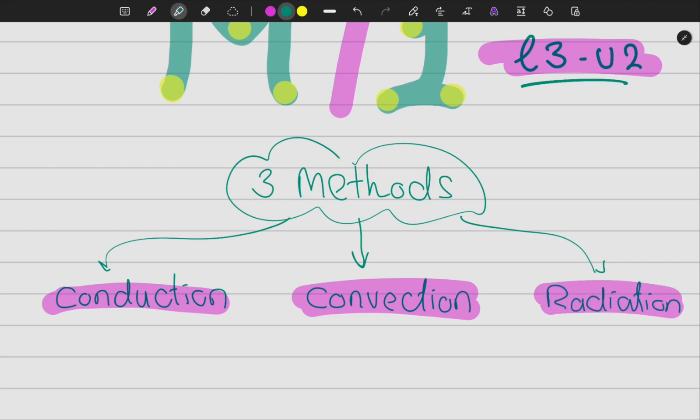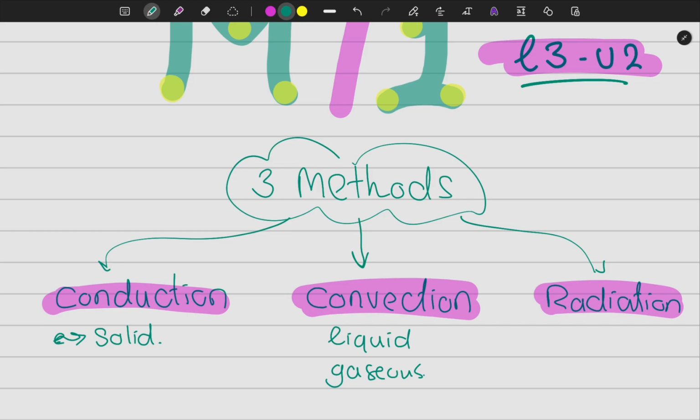We also know that each one of them has a specific type of matter that can transfer heat by it. For example, the first one, conduction: conduction only in solids. Of course, you know, convection in liquids, and also in gases.